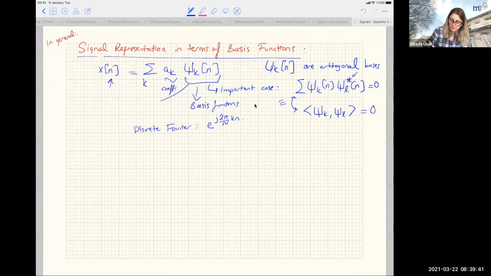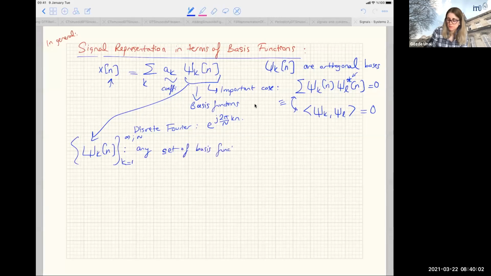This could be any other basis, it doesn't even have to be an orthogonal one. K is a set, it could be 1 to infinity or some finite number of them, any set of basis functions. We said these are basis signals. The discrete Fourier series is just a special case.